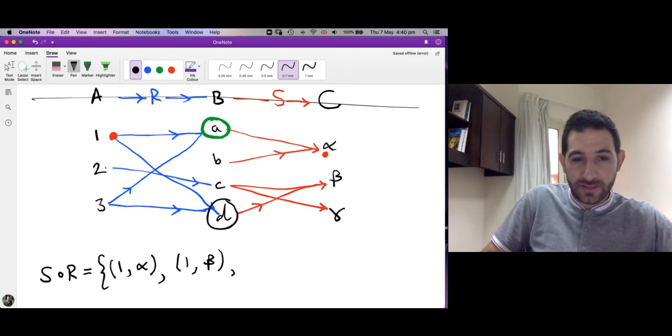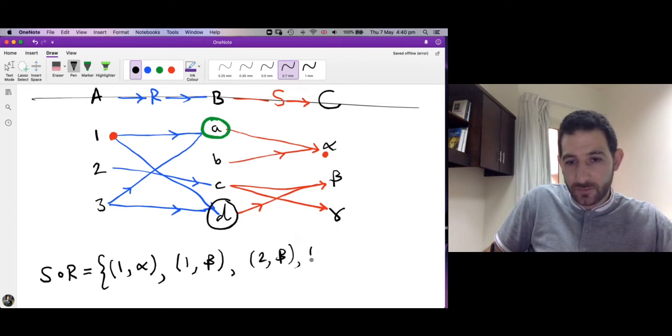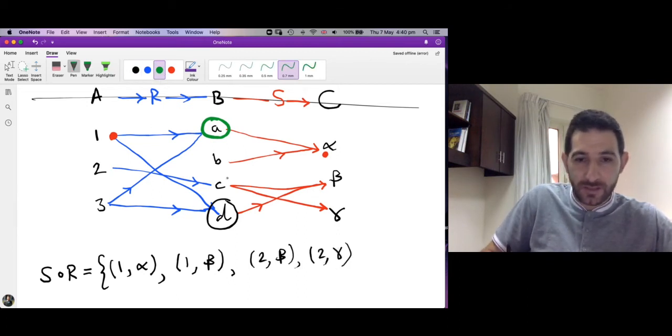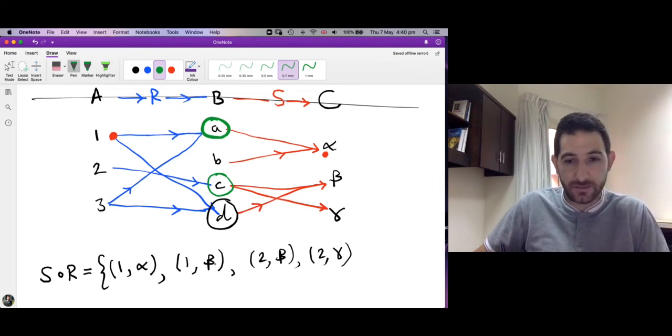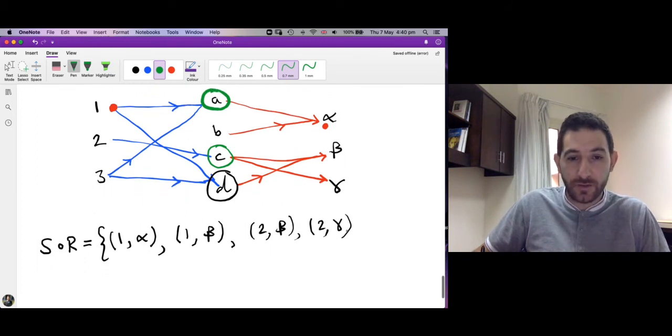And second, we can see that 2 is related to beta and gamma. So 2 is related to beta and 2 is related to gamma because this is the intermediate element, C. 2 is related to C by R and C is related to beta by S. So we conclude that 2 is related to beta by S composed with R. Okay, this is the new relation, and similarly to gamma.